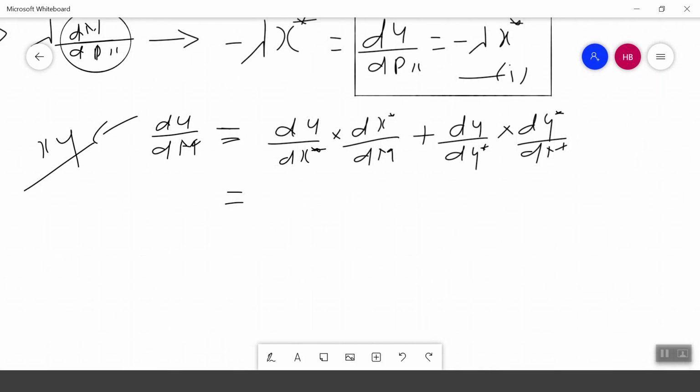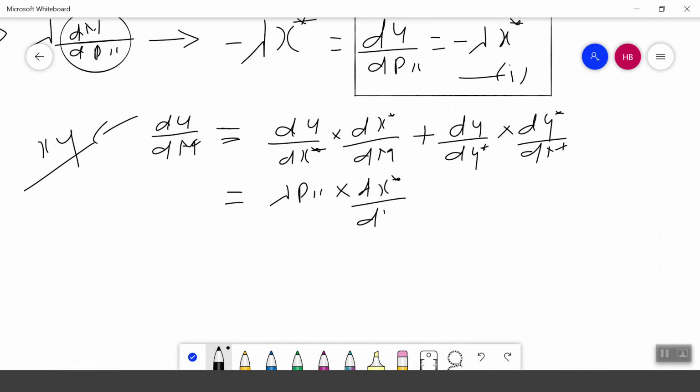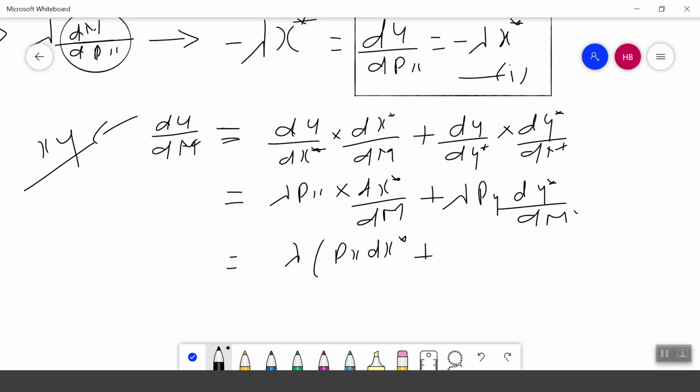So similarly we'll put it here: lambda px into dx by dm plus lambda py into dy by dm, equal to lambda, if you take out, px dx plus py dy divided by dm.